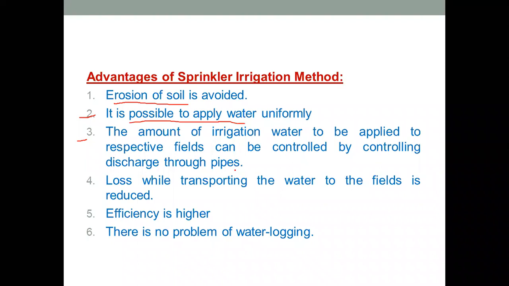But in the sprinkler irrigation method, we can control the amount of irrigation water which can be applied to different fields, such as a field growing sugarcane or a field growing cotton.